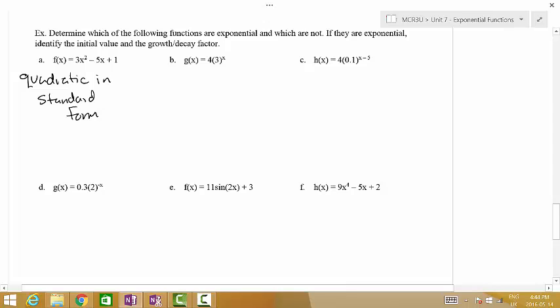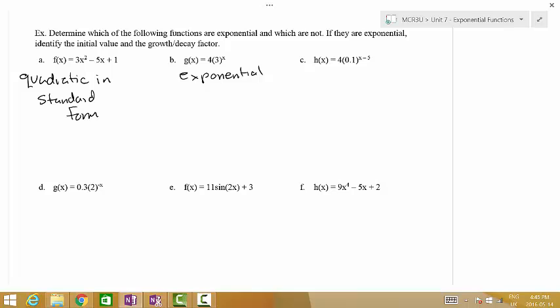If we look at B, now the variable, the x, is in the exponent. When your x is in the exponent, that is what makes something exponential. So for us, g of x is exponential. Same with h of x. Even though there's that x minus 5 in the exponent, there's still the x.